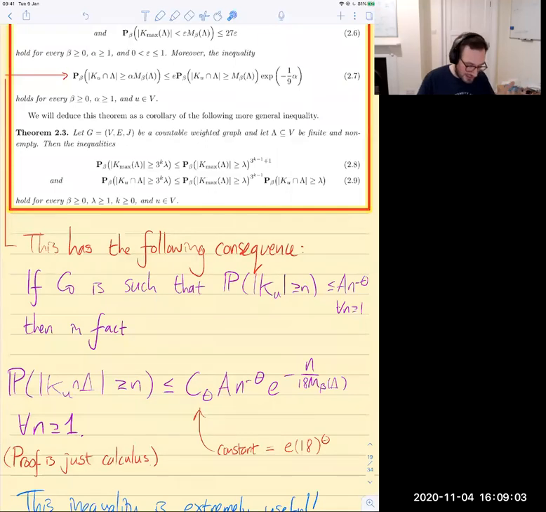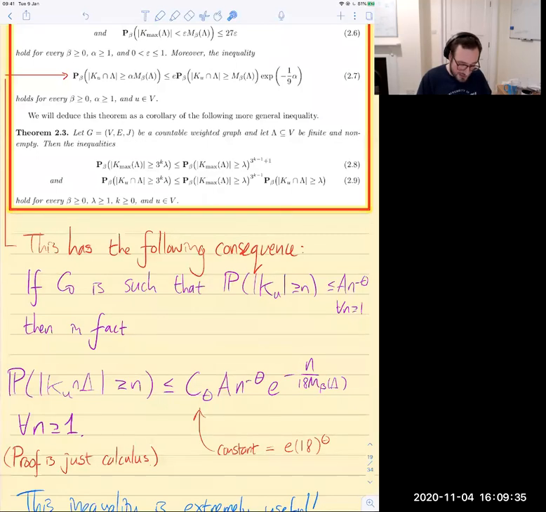So what this is saying is that, let's say, for example, I'm in the mean field setting, so I know that the probability of having size at least n is like 1 over root n, in the whole lattice. Then if I'm interested in the probability that I have a big intersection with a box, then of course when n is small and I'm in the middle of the box, I just get the same thing as on Z^d.